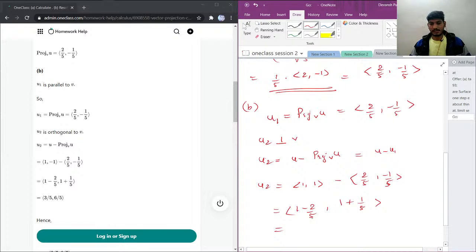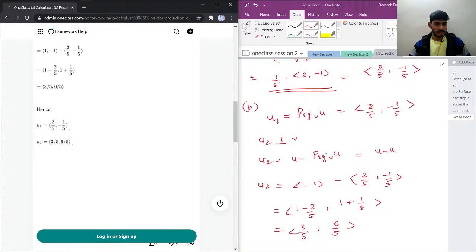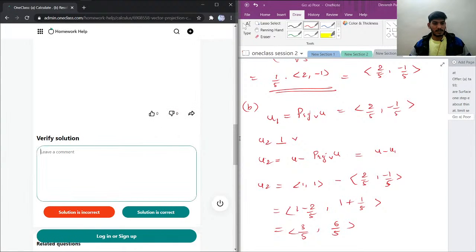If I take the LCM, this will be 5 minus 2, 3 over 5 comma, and this will be 5 plus 1, 6 over 5. And the solution given here is the same. So the solution given here is correct. Great job.